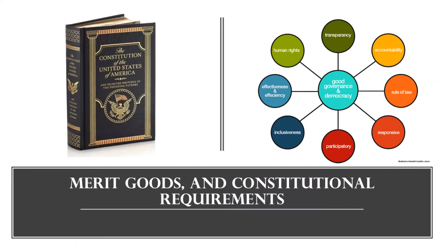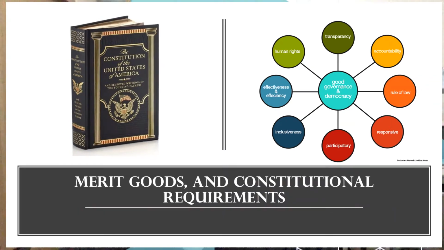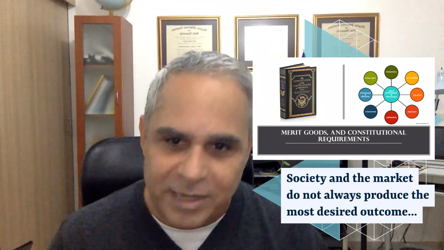The more transparent a government is, the better for everybody. And the fact that transparency is benefiting citizen A doesn't take away from the benefit for citizen B. The same thing with the rule of law, the same thing with accountability, the same thing with effectiveness and efficiency. The more efficient a government is, the better for everybody. But it doesn't always happen because that's human nature, and governments sometimes don't do what they should do.